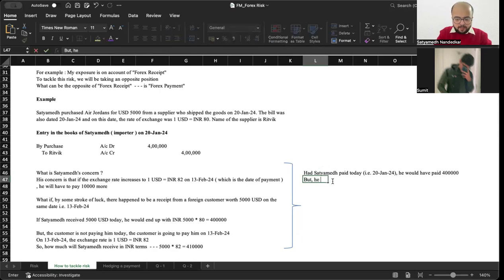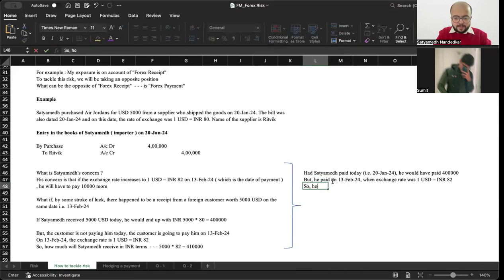But he paid on 13th of Feb 24 when the exchange rate was $1 equal to INR 82.